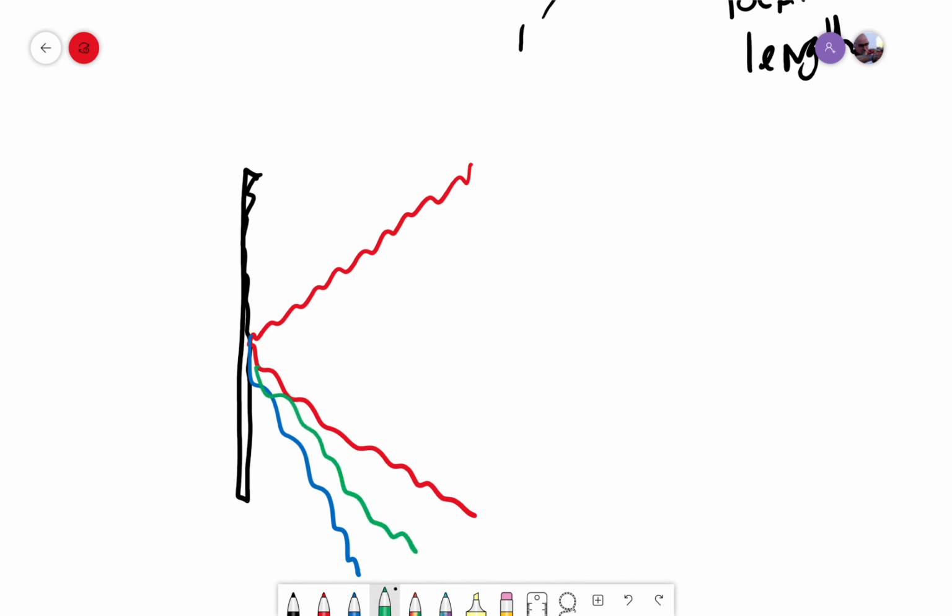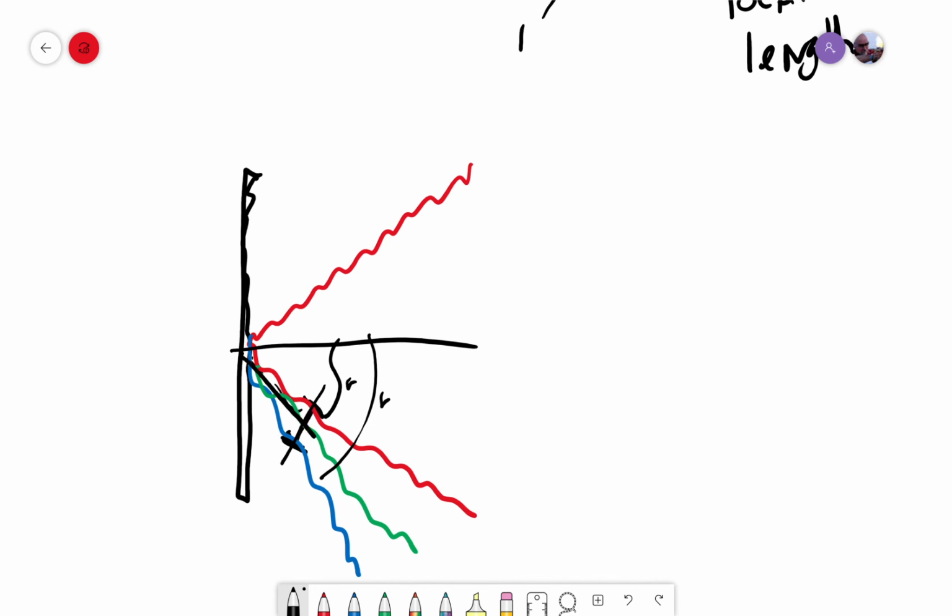If we have this kind of angular dependence of the reflection, and I put the focal plane here, this distance f would have a very small distance of diffraction.